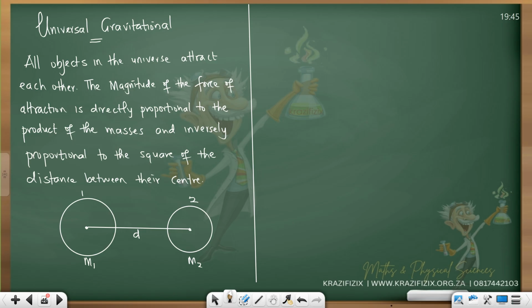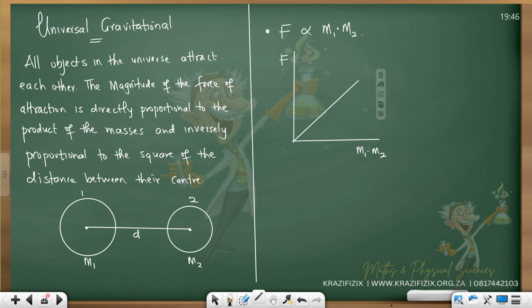The magnitude is directly proportional. Let's quickly interpret that. F is directly proportional to the product of the masses. If I have F there and I multiply M1 and M2, I'm going to have that graph.